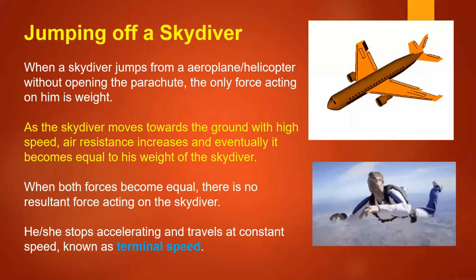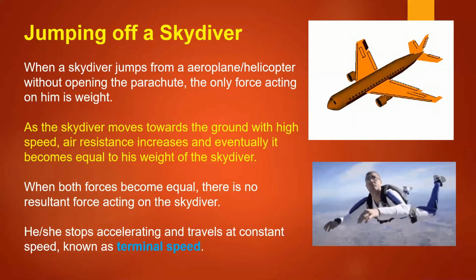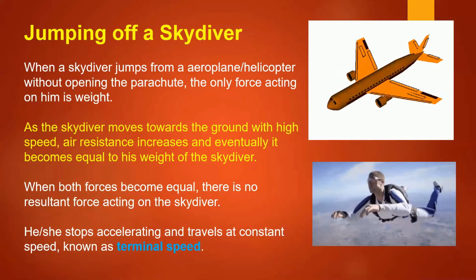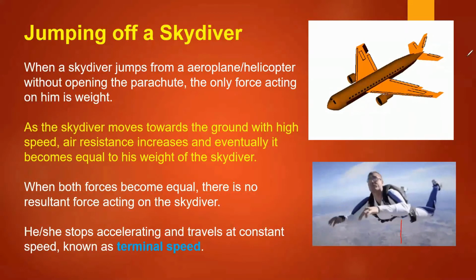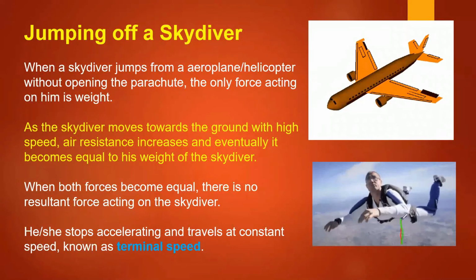He stops accelerating and travels at a constant speed known as terminal velocity or terminal speed. See, in this case, the weight acting downward and the air resistance, the drag, become equal, so the resultant is 0, and the person is going to move with the terminal speed here.